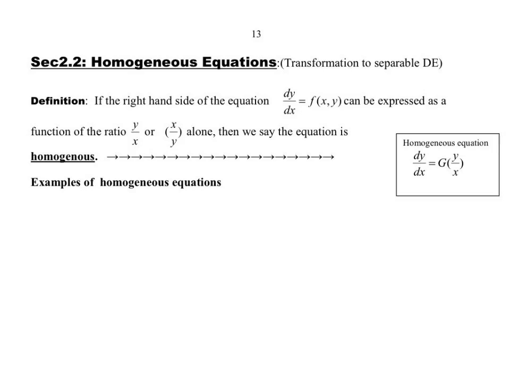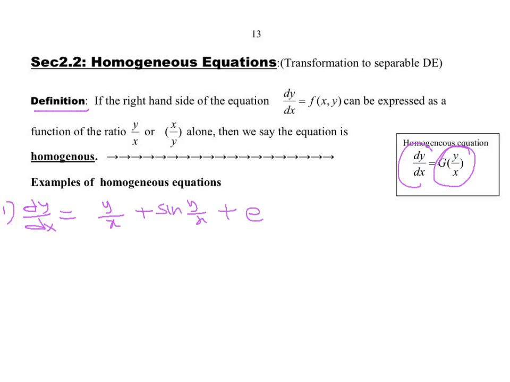A homogeneous differential equation is of this form. If you have the equation dy/dx, the right hand side of the equation is a function of y over x. For example, this differential equation, which is y over x plus sine of y over x plus, for example, e to the y over x, shows you that this is a differential equation which is homogeneous because the right hand side is a function of y over x.